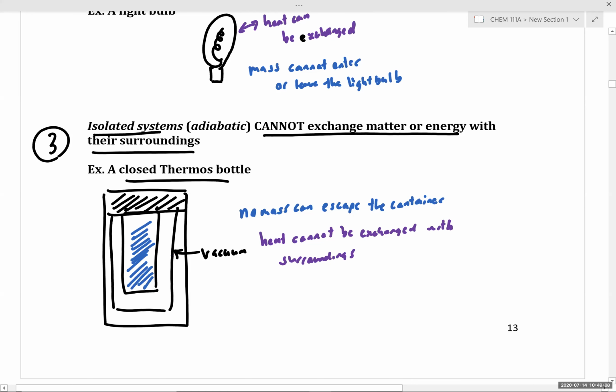The real reason why a lot of these thermoses have this inner vacuum layer is that in this inner vacuum layer, there are very few molecules or particles to transfer heat.